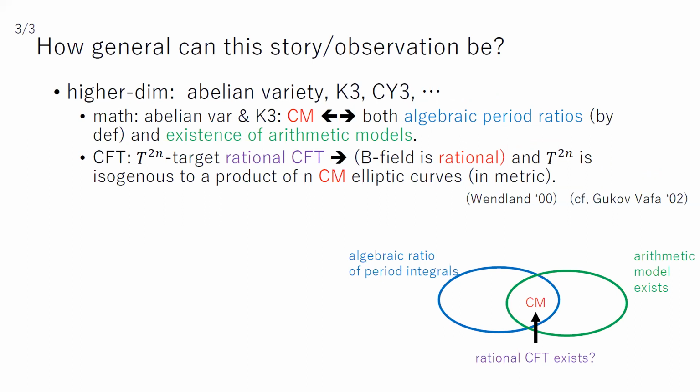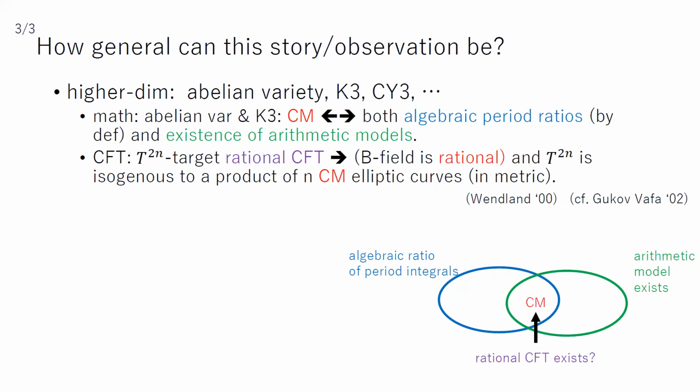In mathematics, when we require that an abelian variety or K3 surface is of complex multiplication type, a generalization of complex multiplication, then it is known that the ratios of the period integrals are algebraic, and also there are arithmetic models defined over number fields. And actually, the converse is also known to be true by now.